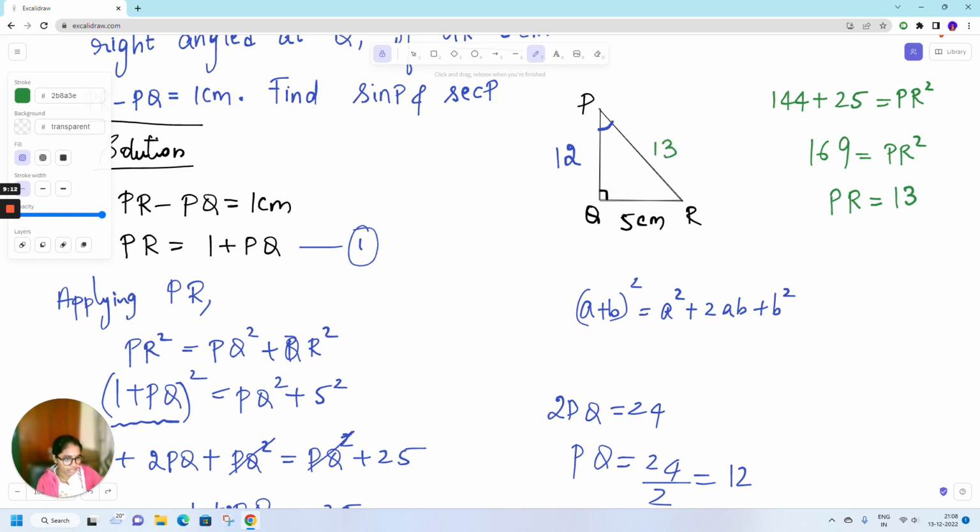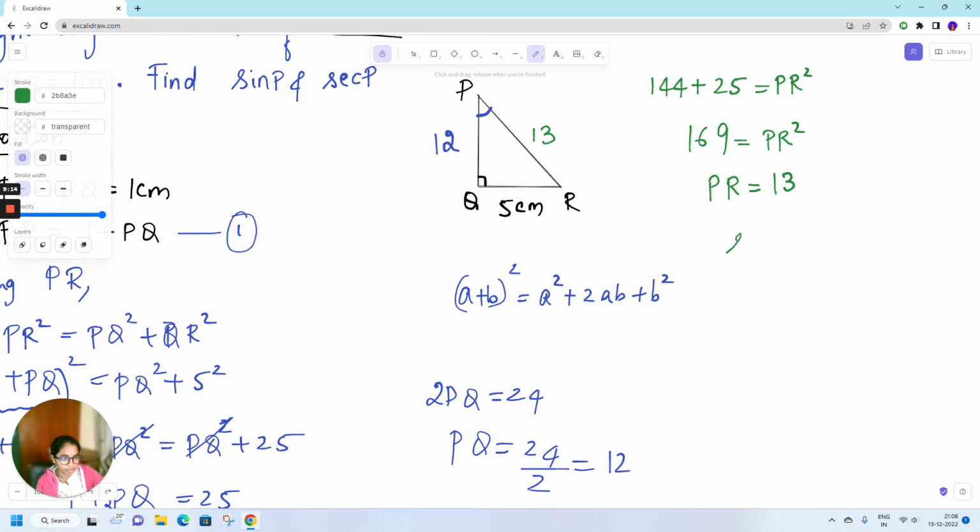Now, what is sine P? The formula for sine P is opposite divided by hypotenuse. So, if the angle is at P, the opposite would be 5 centimeters divided by the hypotenuse, 13. What if they ask you to find sine R?